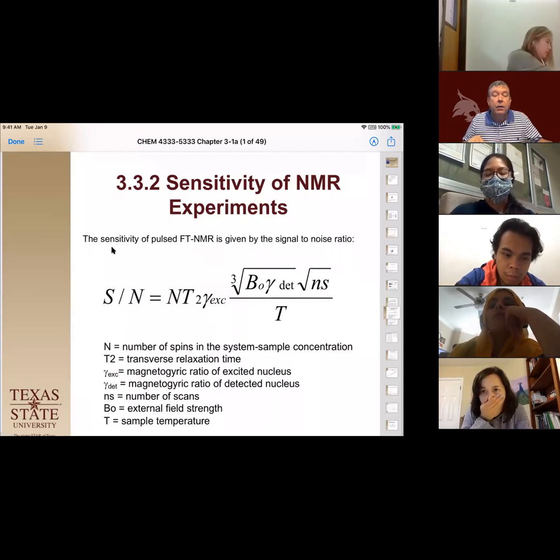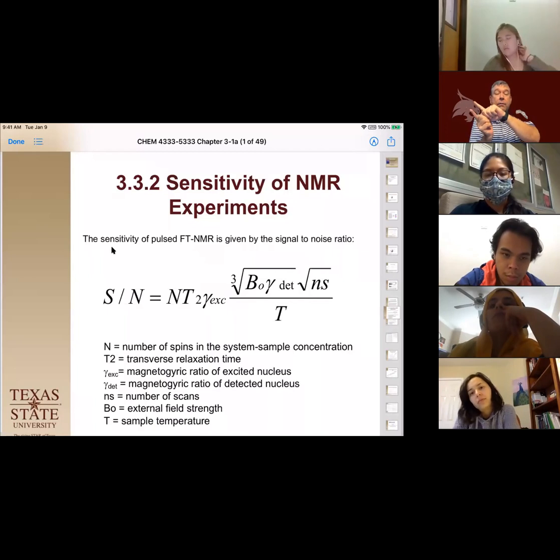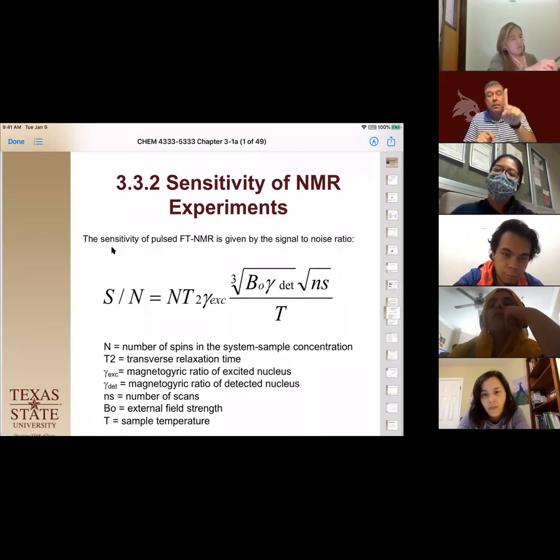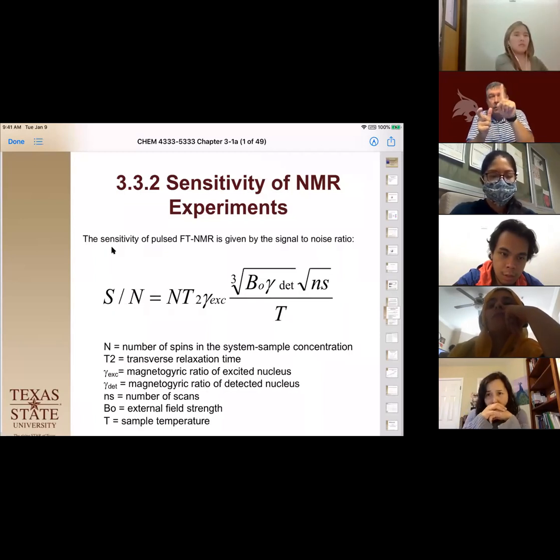Then we have the magnetogyric ratio of our excited nuclei. These are the nuclei that actually get knocked out of the magnetic field. The magnetogyric ratio is the ratio between the magnetic moment and the angular momentum. This ratio is fixed for each of the different nuclei.